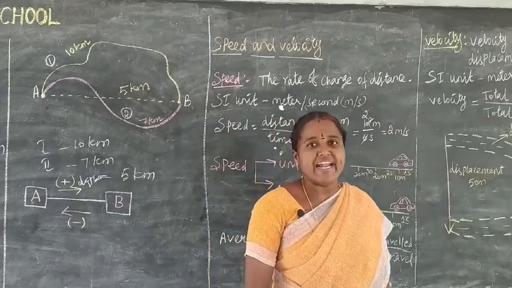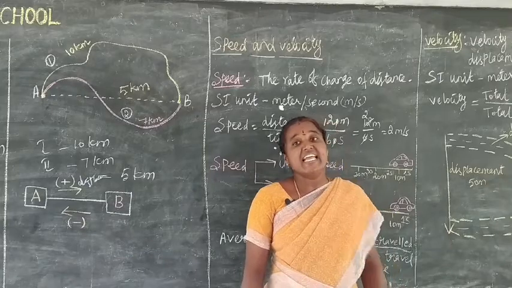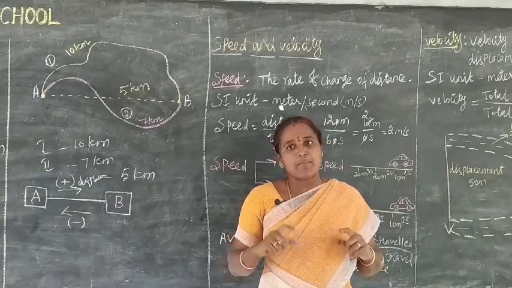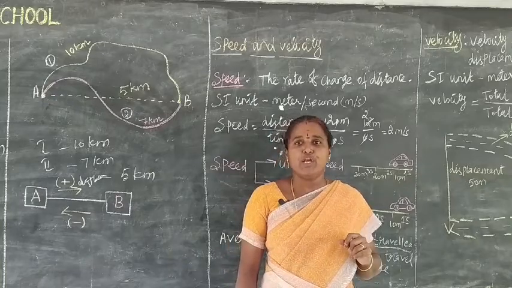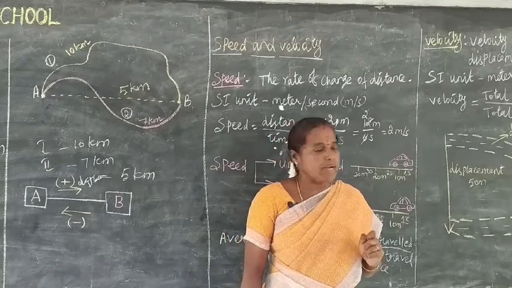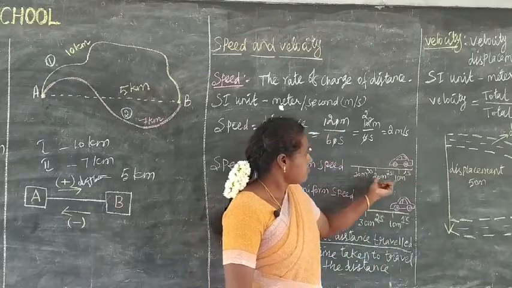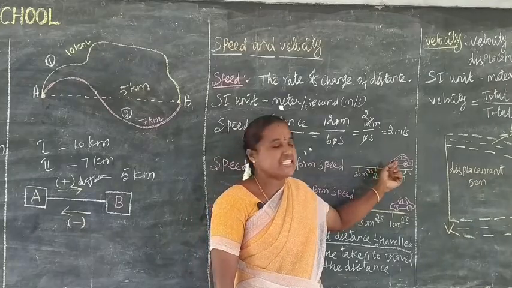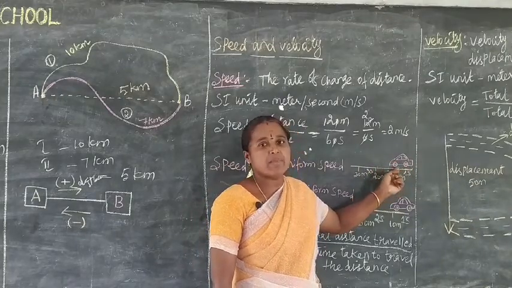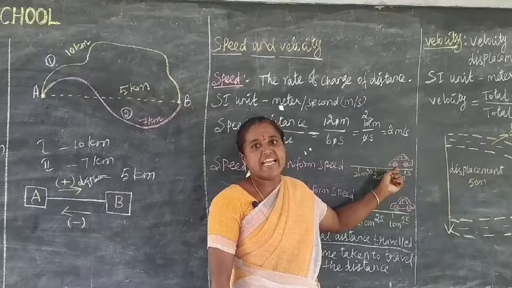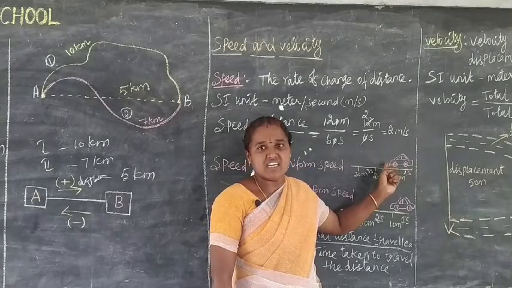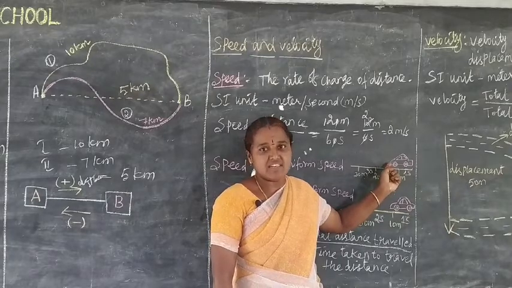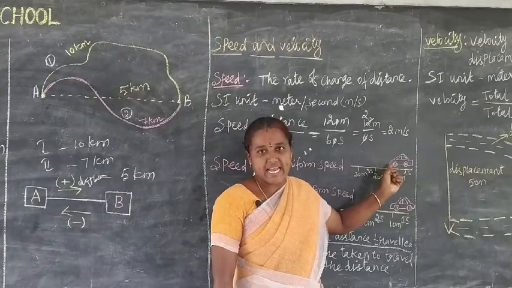For example, suppose the speed of a car is 10 meter per second. It means that the car covers 10 meters in 1 second.